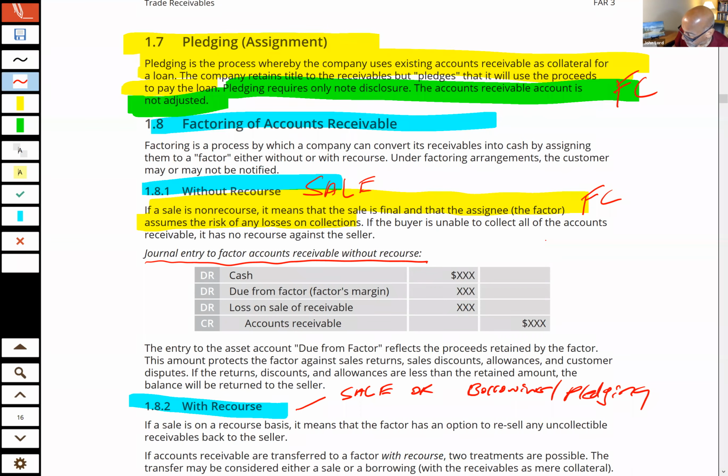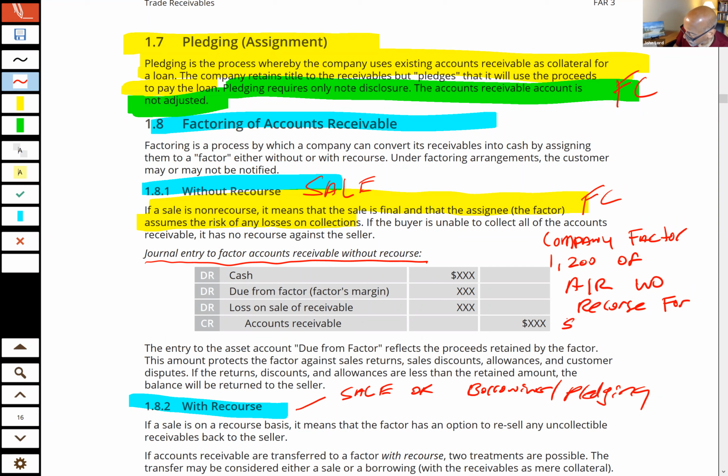I'm going to say that company factors $1,200 of AR without recourse. Factor without recourse, sorry guys, for $1,100.